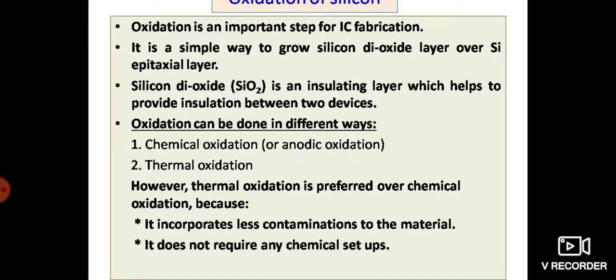This is mainly because thermal oxidation does not require any hard chemical reaction, and a high purity inert atmosphere or environment is maintained within the oxidation furnace. So, incorporation, that is the addition of any contamination, is not at all possible within the oxidation furnace. Moreover, the walls of the furnace are actually kept cold.